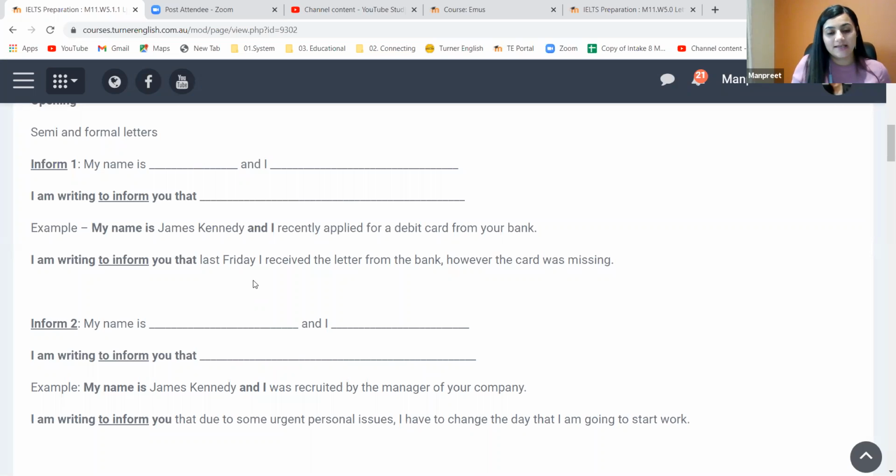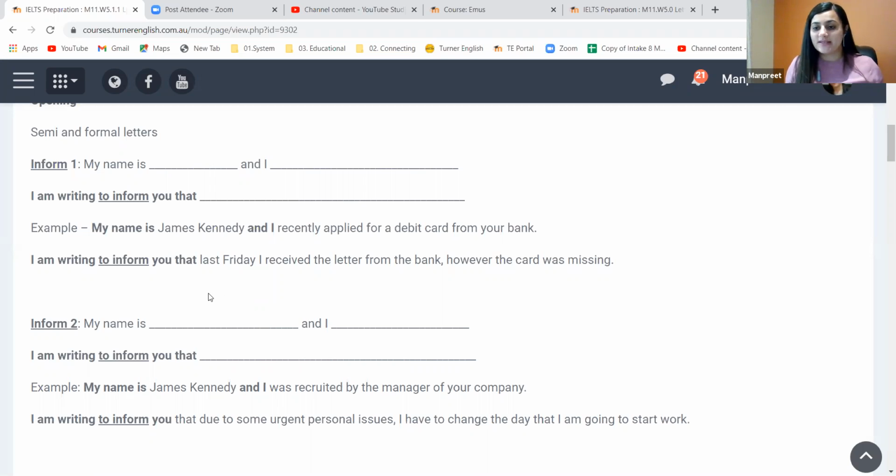Yours sincerely is in semi-formal, whereas yours faithfully is in formal. These might look like very small things, but they matter a lot. This is part of the grammar, so if you write it wrong, you lose points. So it's very important to keep the difference in mind when you're writing different types of letters.